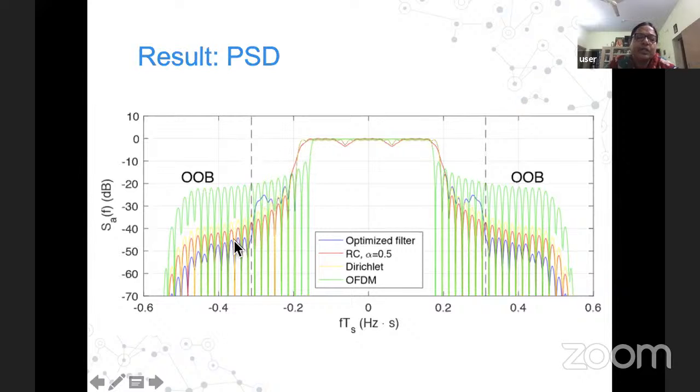They are much better than your normal OFDM scheme, and even the optimized filter is giving the best performance out of all the radiation patterns, because it is restricted to only a certain band, whereas the other schemes, RC, Dirichlet and OFDM, are leaking into the other bands.